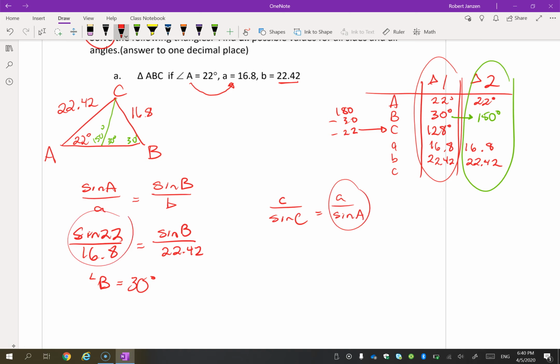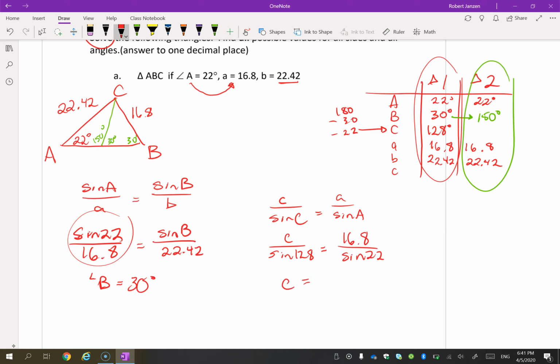We know both those values. Okay, so C over sine of 128 equals 16.8 over sine of 22.